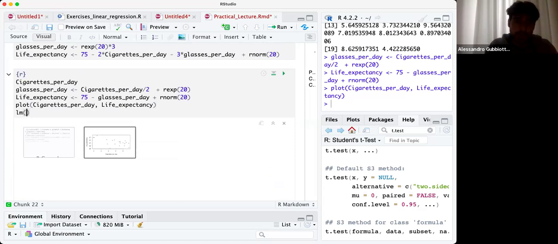We need to predict the life expectancy using the cigarettes per day.